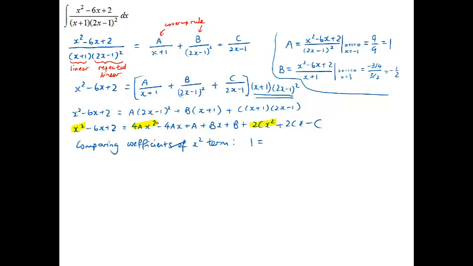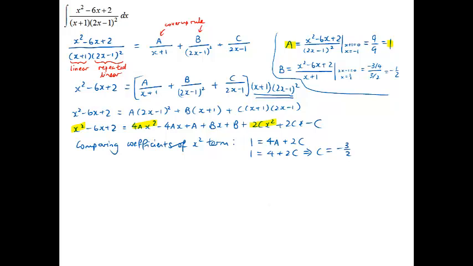The coefficient of 4ax squared is 4a. The coefficient of 2cx squared is 2c. Since I know a equals 1, I will substitute the value of a here, so 4 times 1, and simplify this.